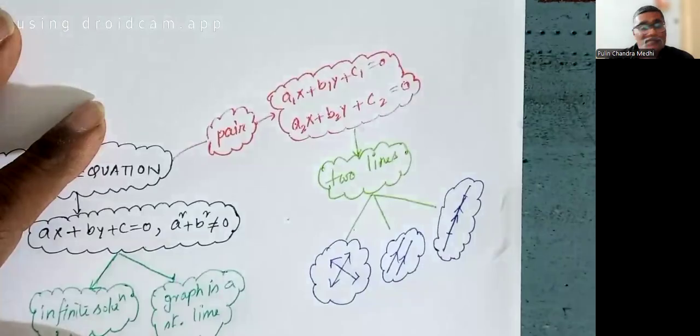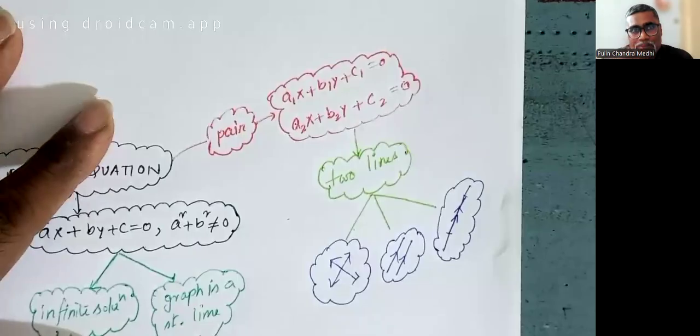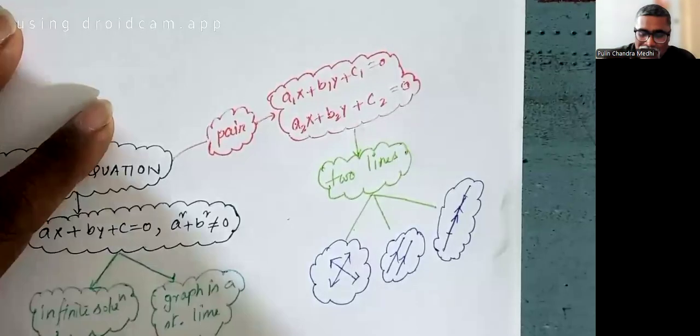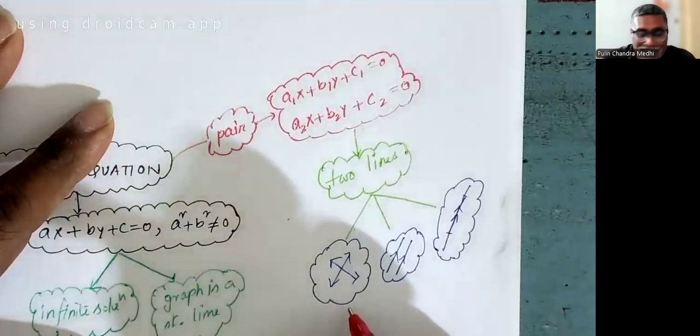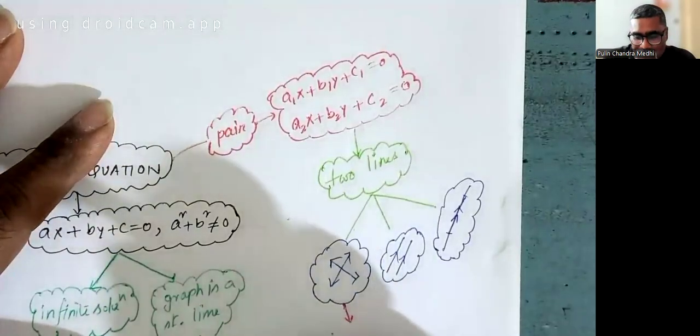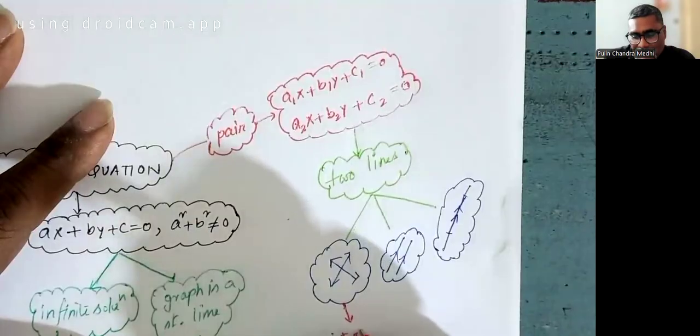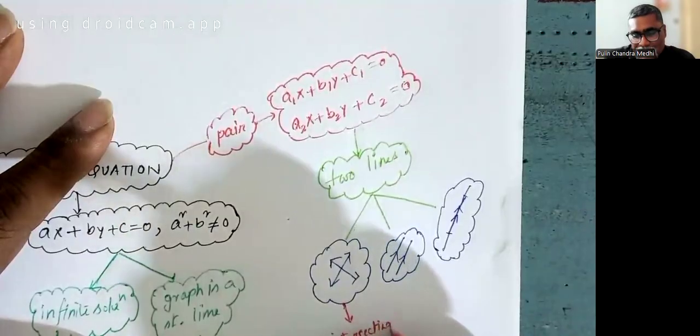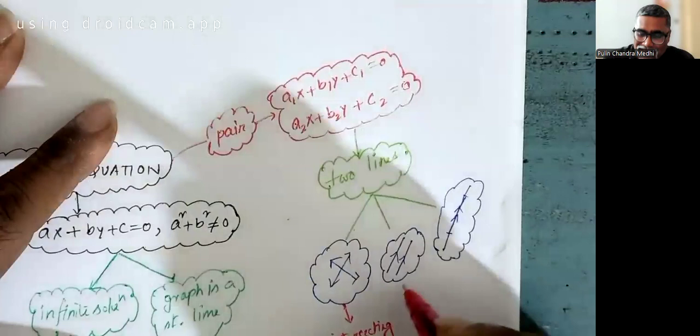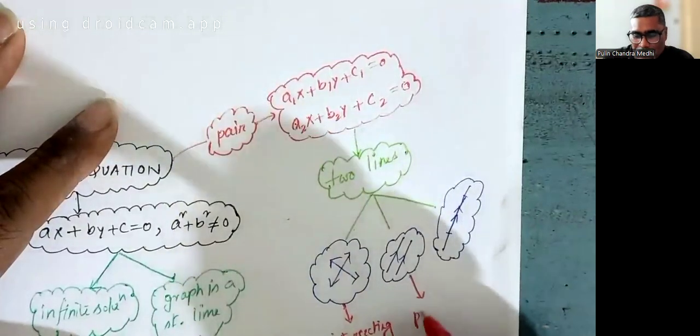Now let us explore what these are talking about. First of all, let us name them. The first one is intersecting lines, right? So this is intersecting. Second one, it is parallel.